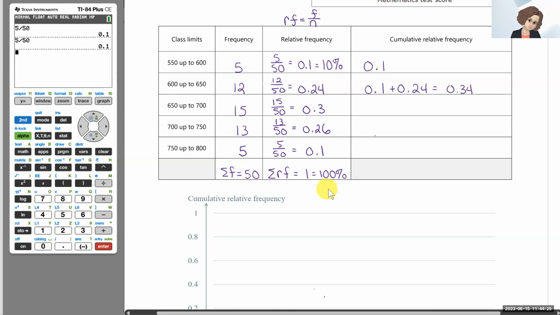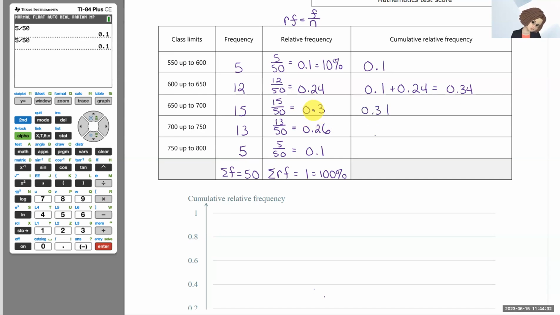All right, and then we're going to add in the next group. So we keep the 0.34, we already added those, and we're going to add in another 0.3. That brings me to 0.64. Then when we get to the next group, we keep all the previous and add in our next relative frequency.